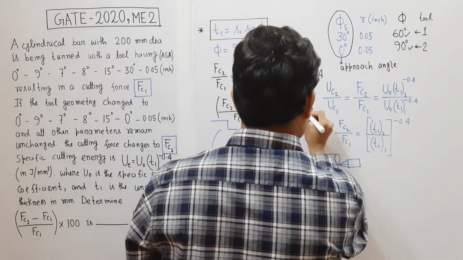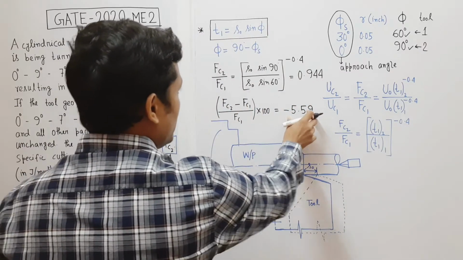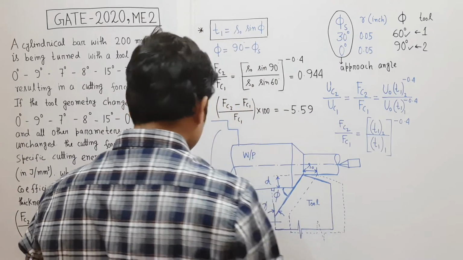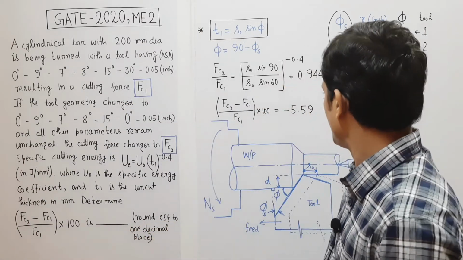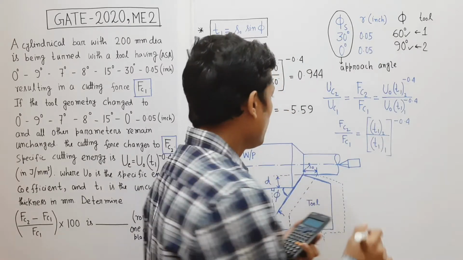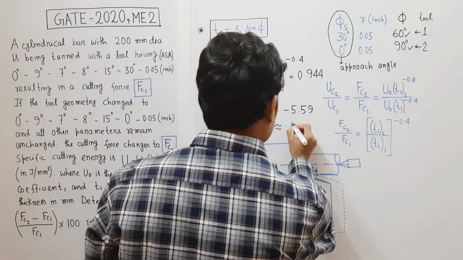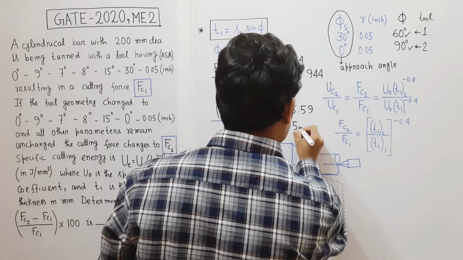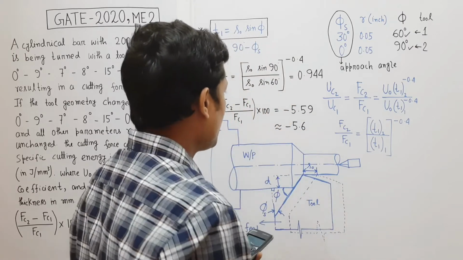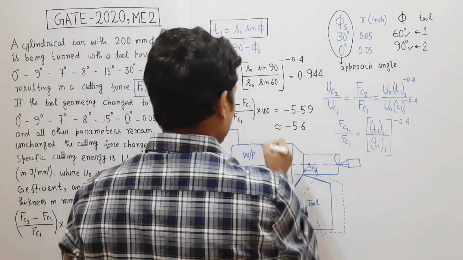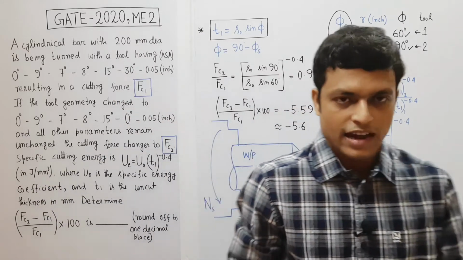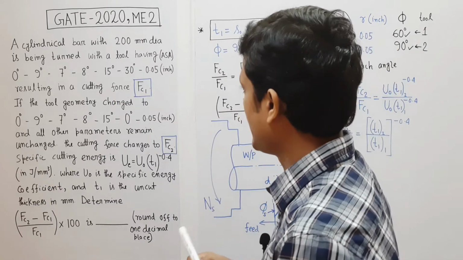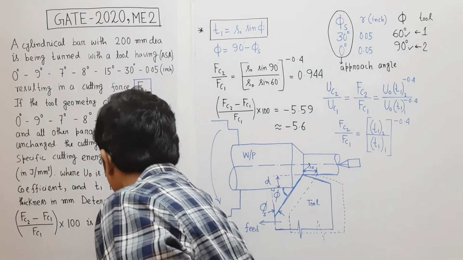So this is equal to minus 5.59. Now it has been asked to round off to 1 decimal place. So if we round to 1 decimal, it becomes minus 5.6. So this is the answer. We have determined the answer. So let us write here 5.6. So the answer is 5.6.